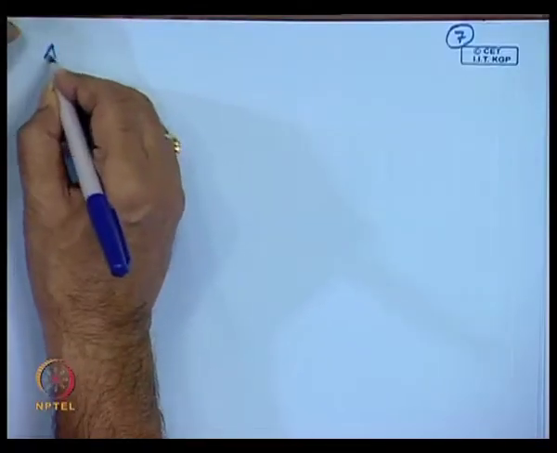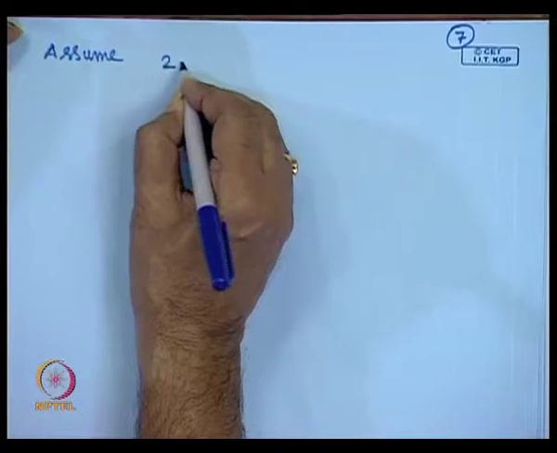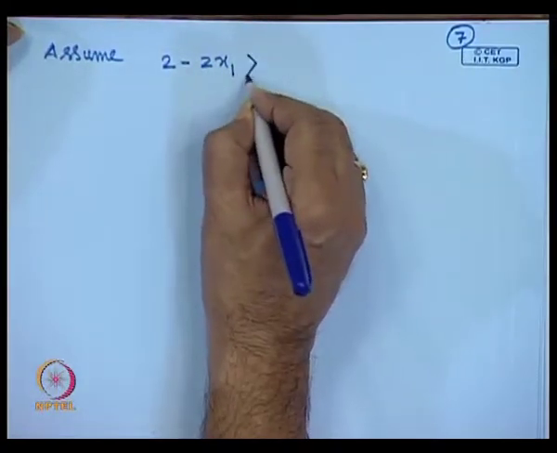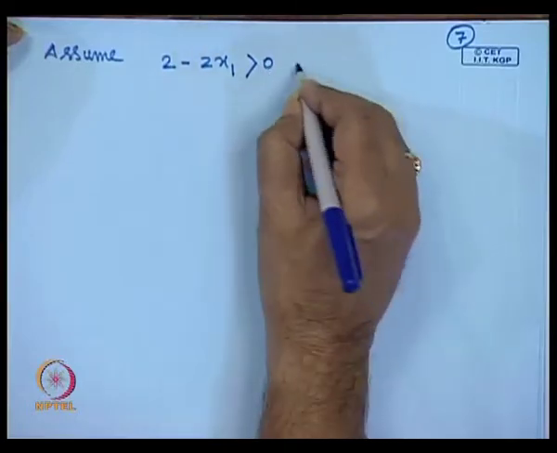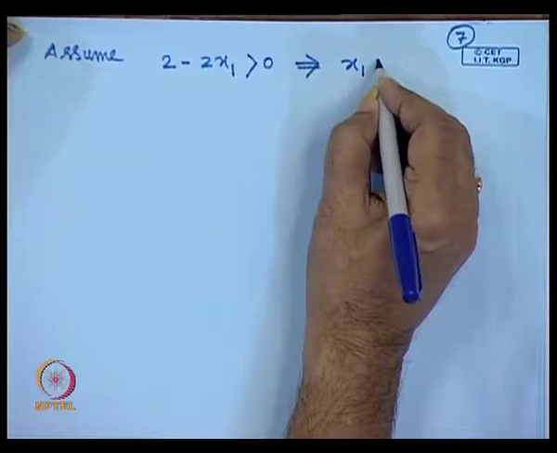Then one can write it from equation 1 and 2. So, let us consider, because we started with the infeasible region, that means an exterior point. Assume 2 minus 2 x 1 is greater than 0, this implies x 1 is less than 1.